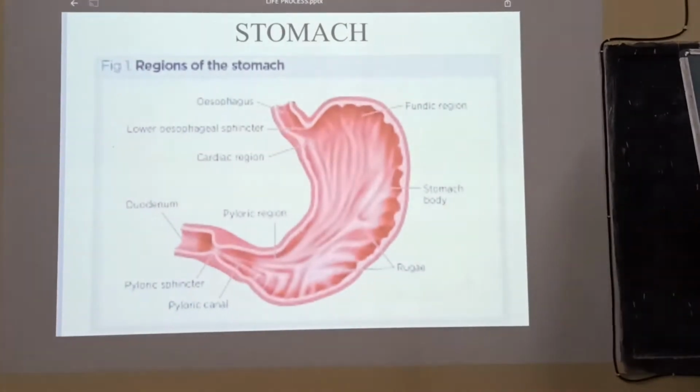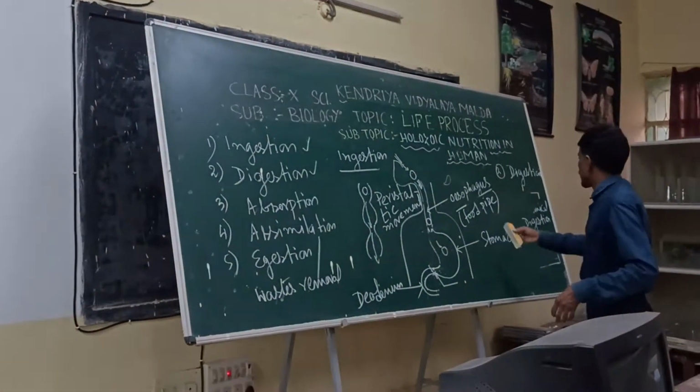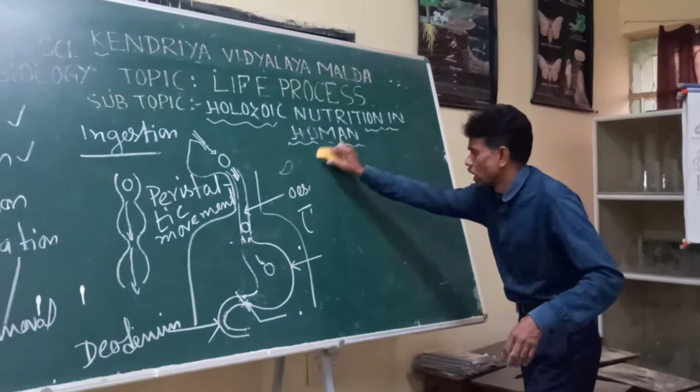If I cut a cross section through the stomach, what will the different parts look like?